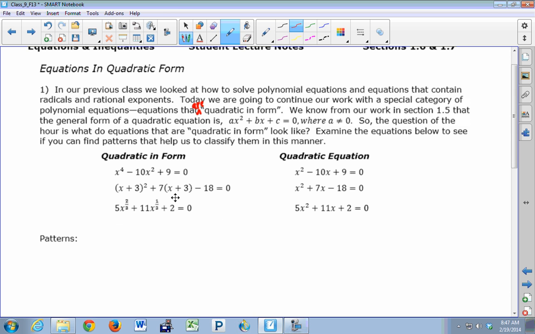All I want you to do is look at the quadratic equations on the right side and compare them to the ones that are quadratic in form on the left side, and see if you recognize any patterns. Take a couple of minutes with your group and write down whatever you notice, and we'll talk about it in a minute.